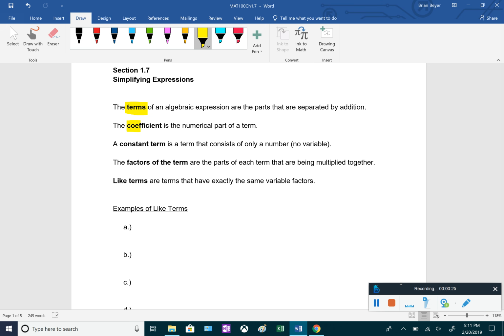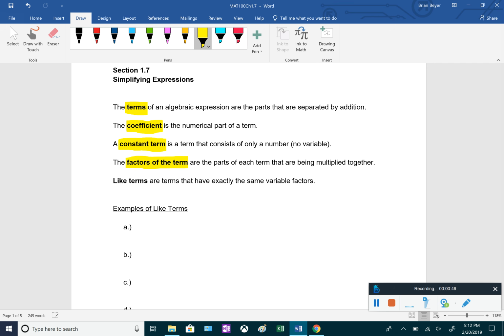The coefficient is going to be the numerical part, or the number that is the numerical part of the term. We call a term a constant term if it's a term that's only a number, so no variable.